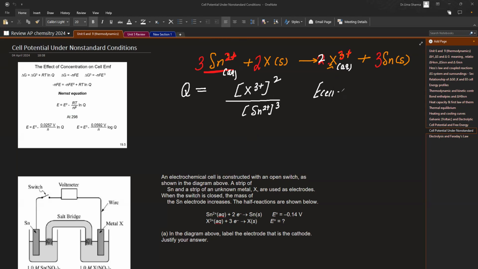E cell is E naught cell minus 0.0591 over n log Q. I'm going to use this equation. Now the question is, if Q is less than 1, what's the sign of log Q?